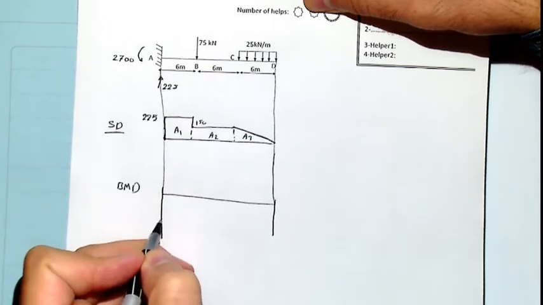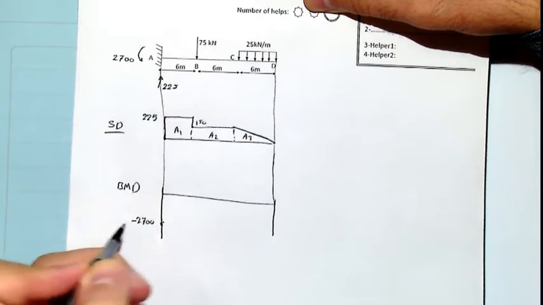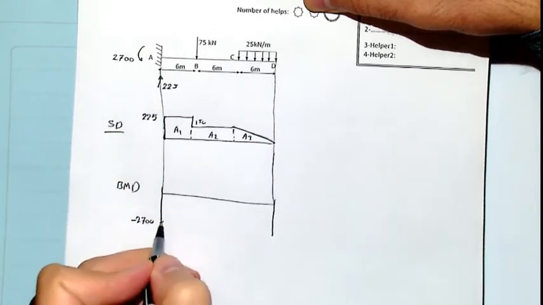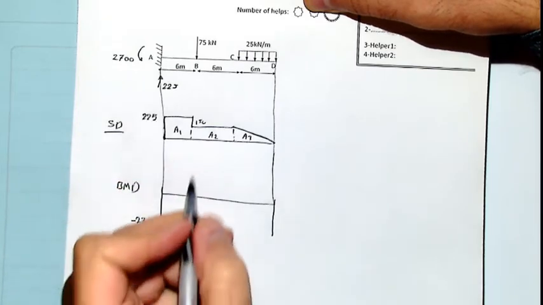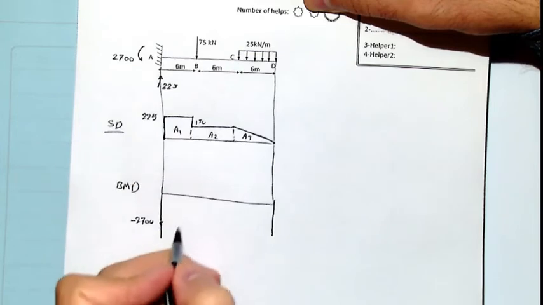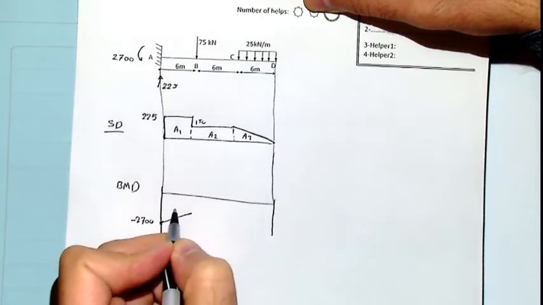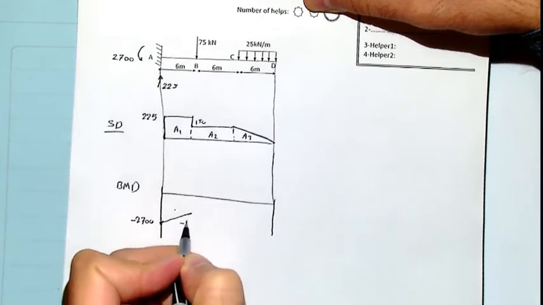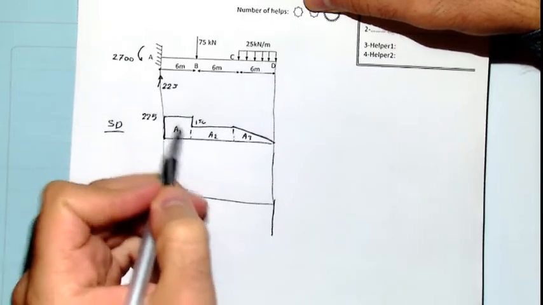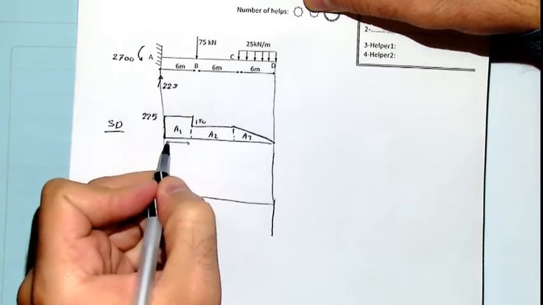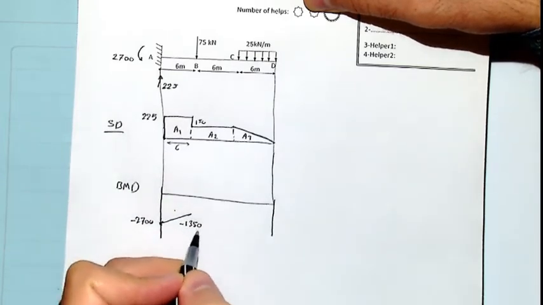So from minus 2700 we start, then we add 225 by linear change to reach point B. So we're gonna reach to minus 1350. The calculation of area, which is 225 multiplied by 6, and we're gonna reach to minus 1350.